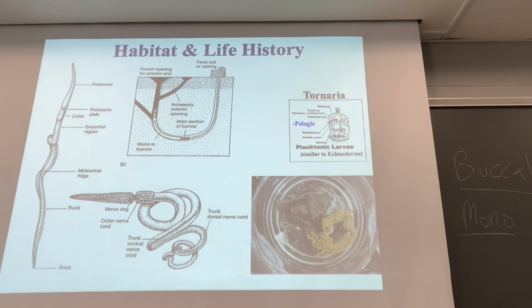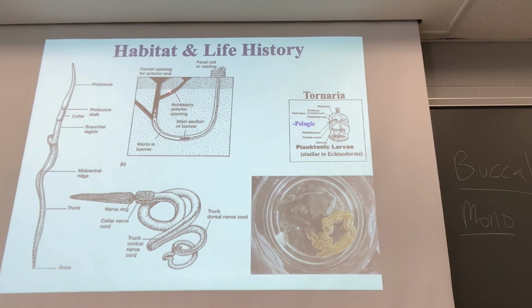In some individuals, that nerve cord might even be placed dorsally. But most of the papers I've read on them say that this nerve ring up here and the cord associated with the head and the collar is dorsally located almost always. And then the rest of the body has a ventral nerve cord location.